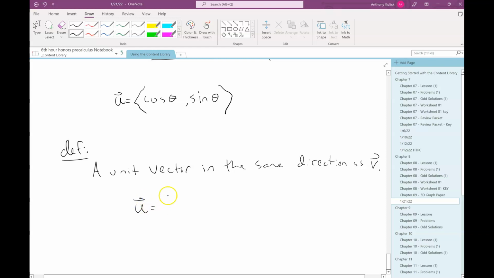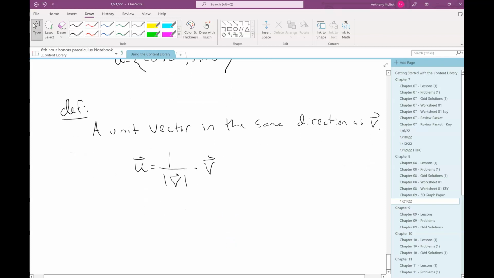So if I want a unit vector that's in the same direction as the vector v, what I'm going to do is take 1 over the magnitude of v and multiply that to v. Now remember, 1 over the magnitude of v is just a scalar, right? That's just a real number.